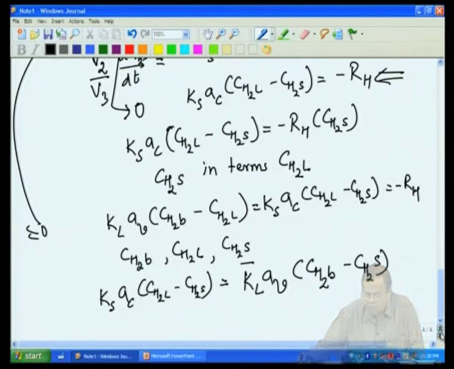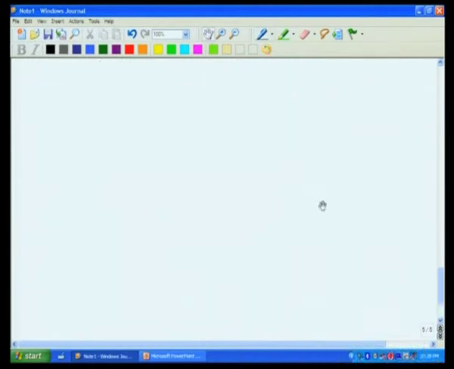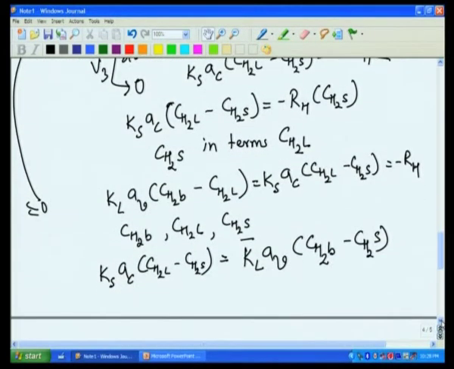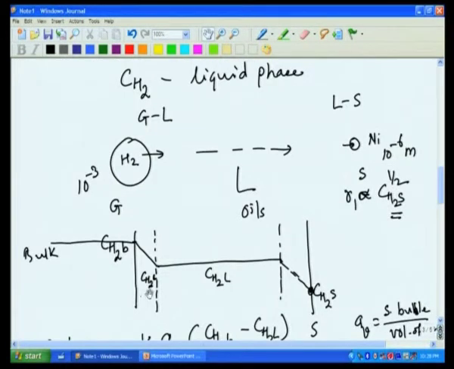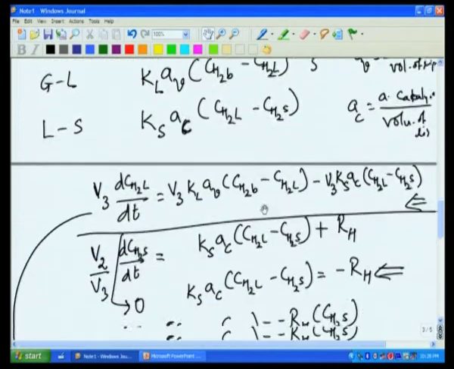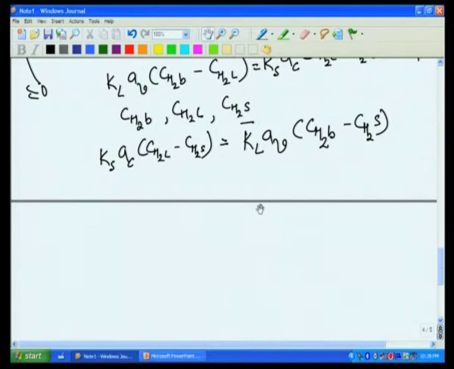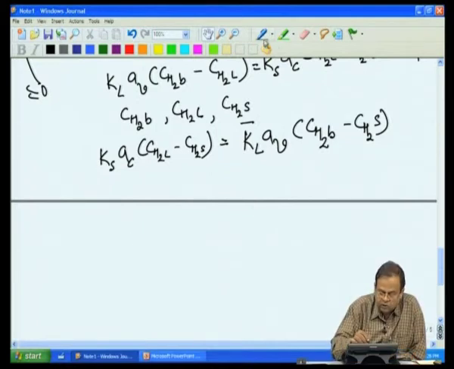This to you will be somewhat familiar concept. Let's go back to this. If you look at this, it is gas liquid and then liquid solid, processes in series, resistances, addition of resistances, and therefore, it is not surprising that we get our overall mass transfer coefficient.